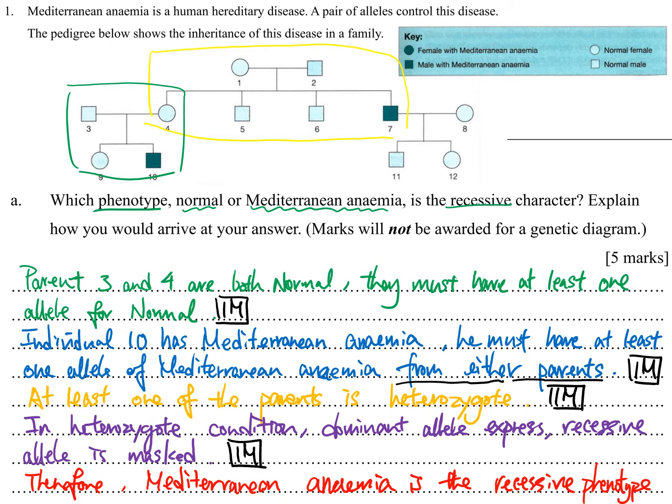Alright, so you get the very last mark. So here are the keywords. For each of the answers, you must tell me the words "at least one" for the first mark, and also for the second mark.